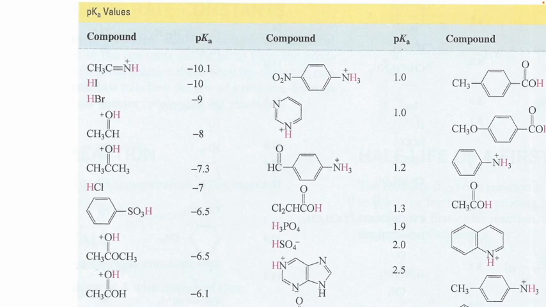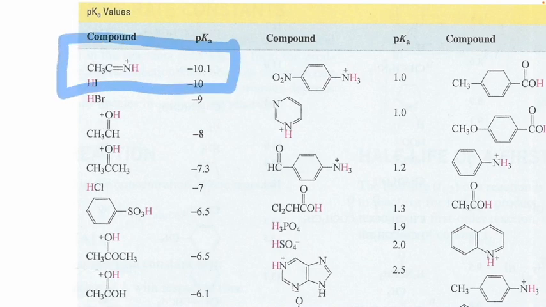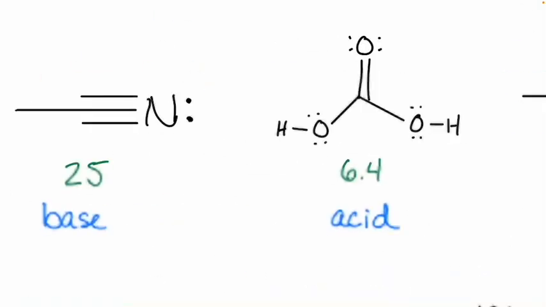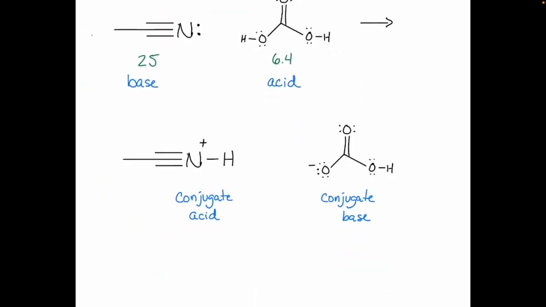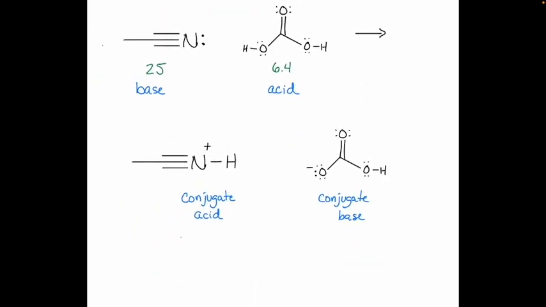All right, do we see our conjugate acid up there anywhere? Very first one, boom. Negative 10.1. All right, and I got a lot of pKa's up here. Which ones am I going to compare?